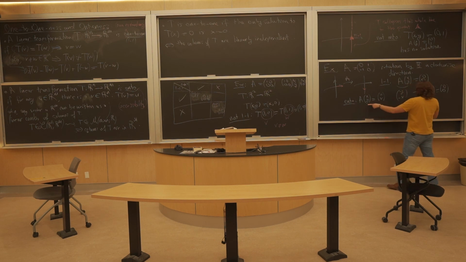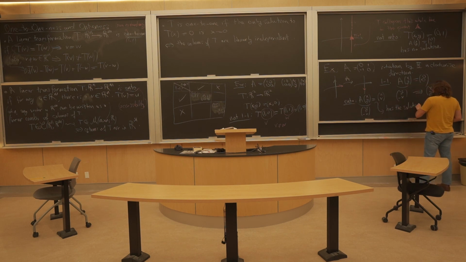Again, writing this out, this just gives me y minus x, which means that this has a solution. x has to be minus v, and y has to be u.